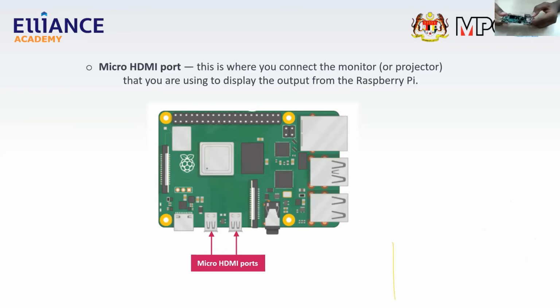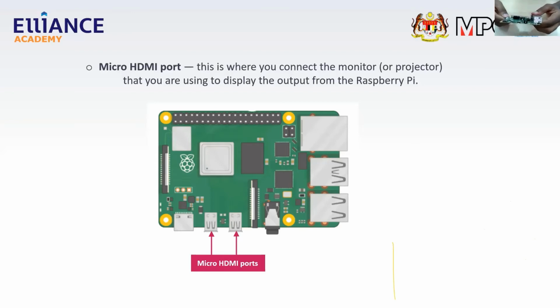The Raspberry Pi comes with micro HDMI, which means the HDMI port is smaller. You can see here, it's smaller compared to the one we use to connect to our monitors. Previous versions of the Raspberry Pi come with a bigger size.